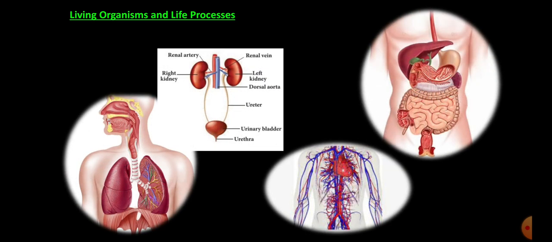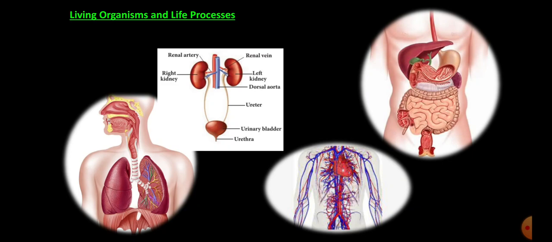Now students, you know that there are different systems in our body. These systems are made up of different organs. Organs are made up of tissues and tissues are made up of cells. And we also know that the cell is the basic fundamental unit of any living organism.